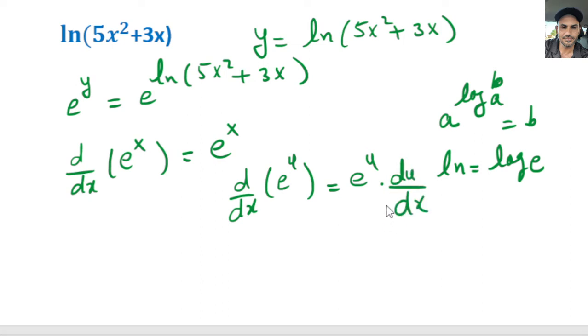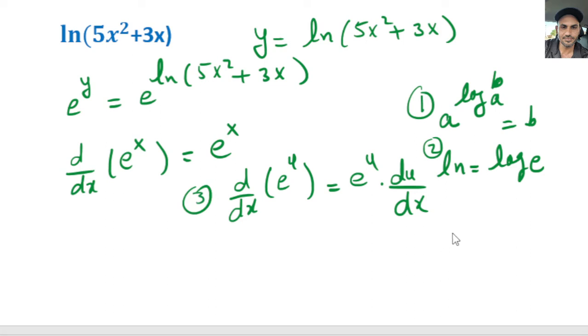Because u is a function of x, the derivative of e to the u is e to the u times the derivative of u itself. So this is the first one, second one, and third one.